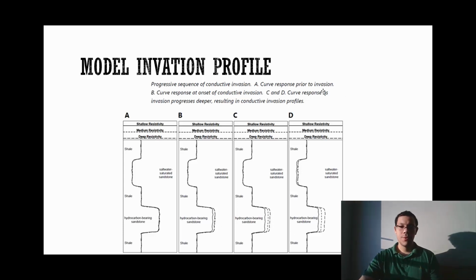Curve B is the curve response at onset of conductive invasion. C and D are the curve response as invasion progresses deeper, resulting in a conductive invasion profile. So give a look at this graph, and thanks for watching.